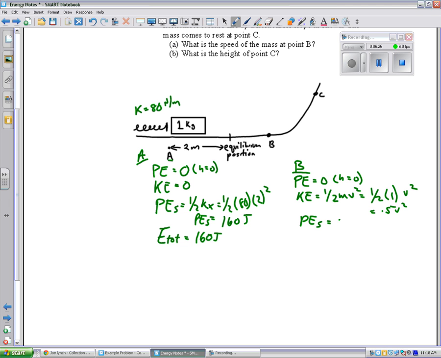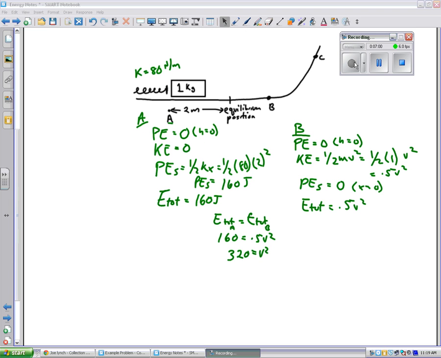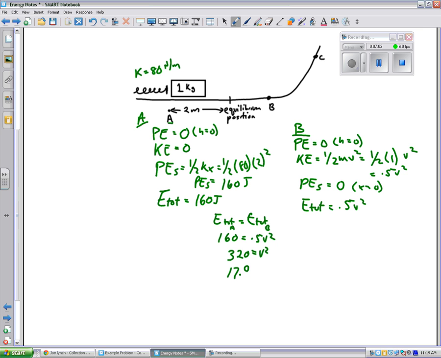So there's going to be no energy stored in the spring because x equals 0. So now our total energy is equal to 0.5 v squared. Now what you're going to do is set your total energies equal to each other. So E total at A equals E total at B. So 160 is 0.5 v squared. That gives me 320 is v squared. And that gives us a velocity of 17.9 meters per second.